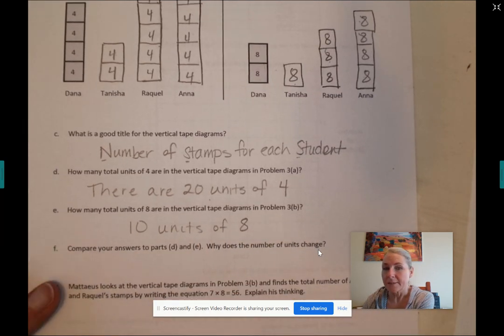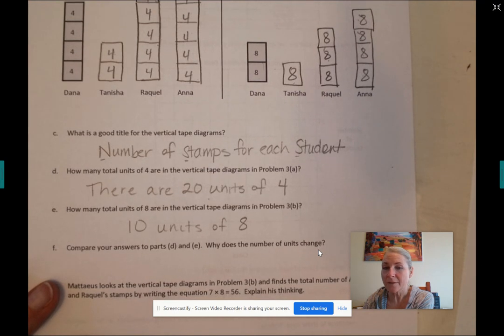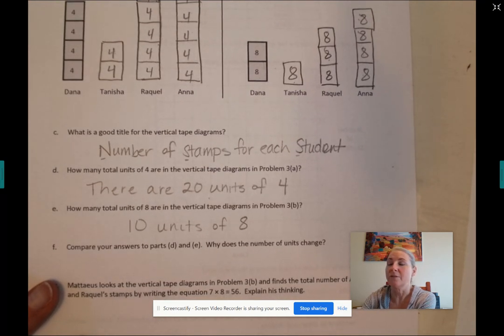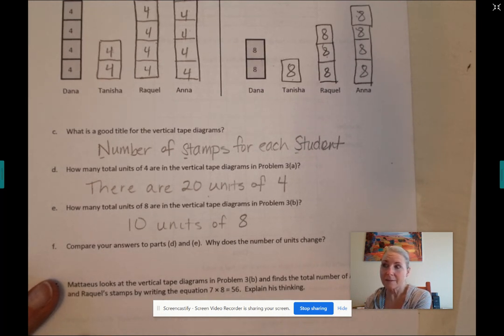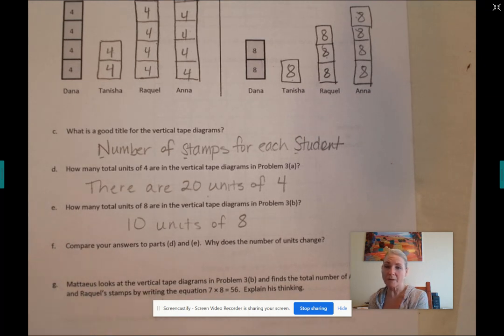Compare your answers, D and E. Why do the number of units change? Well, they basically get cut in half, right? Because 8 is double the amount of 4, so you need half as many.